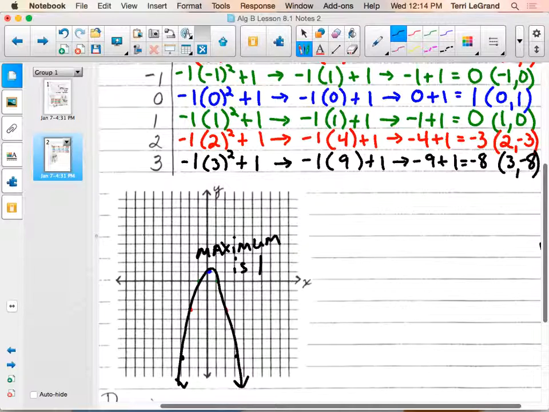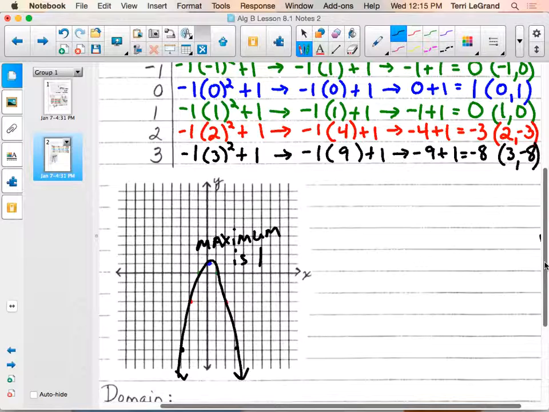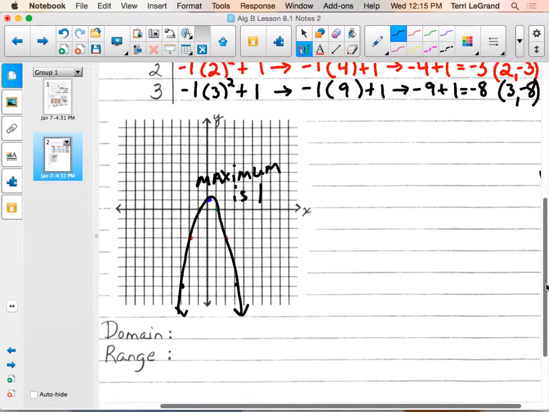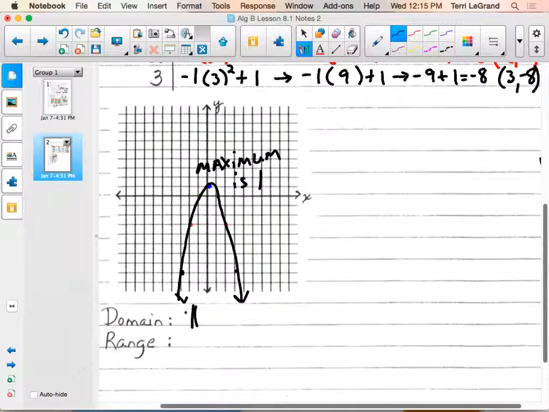So we have a maximum of 1, which then should help us identify the range, right? What's the domain? All real numbers. No, all real numbers. Okay, so you can write your abbreviation or you can write the words all real numbers. I'm just going to do the abbreviation.